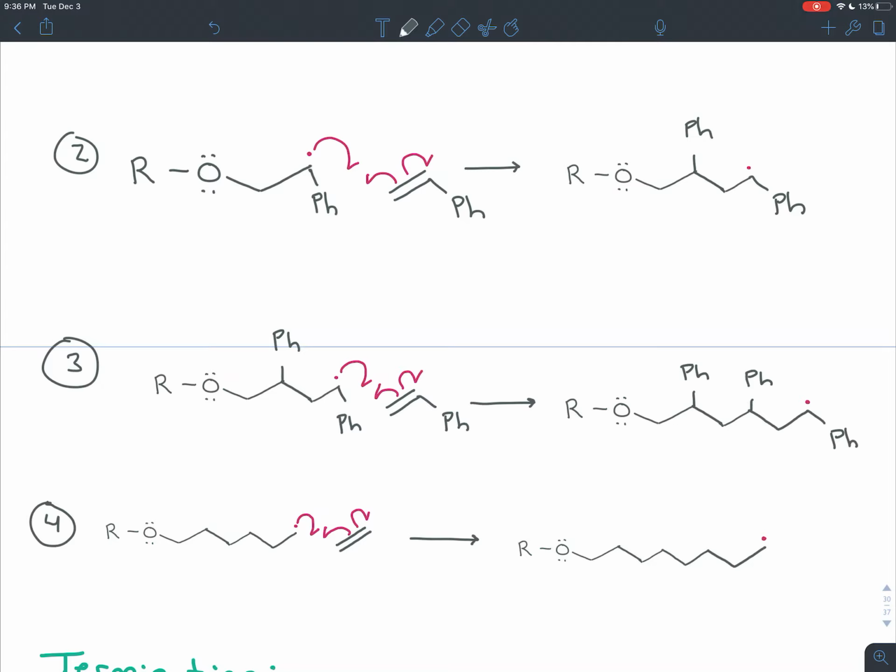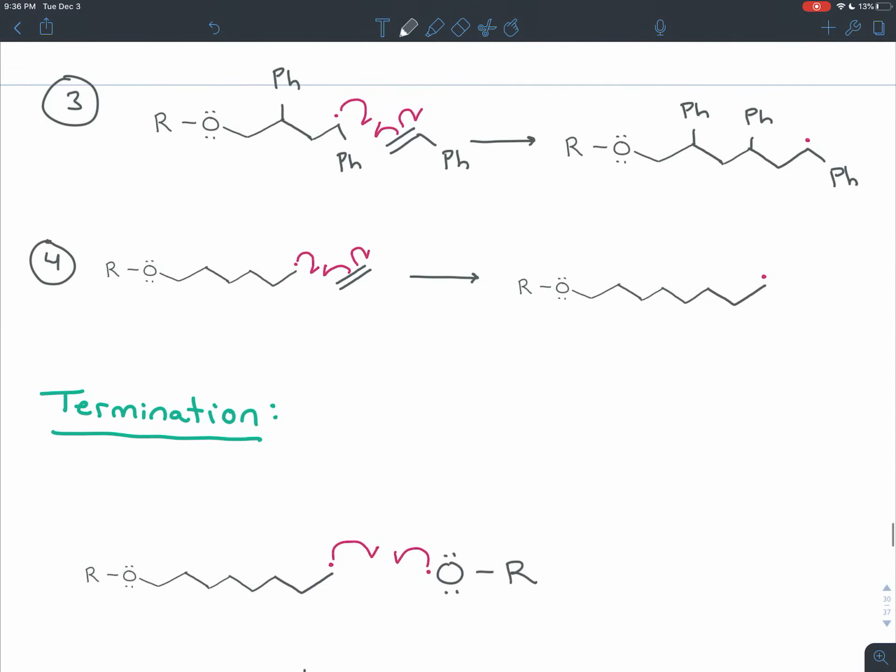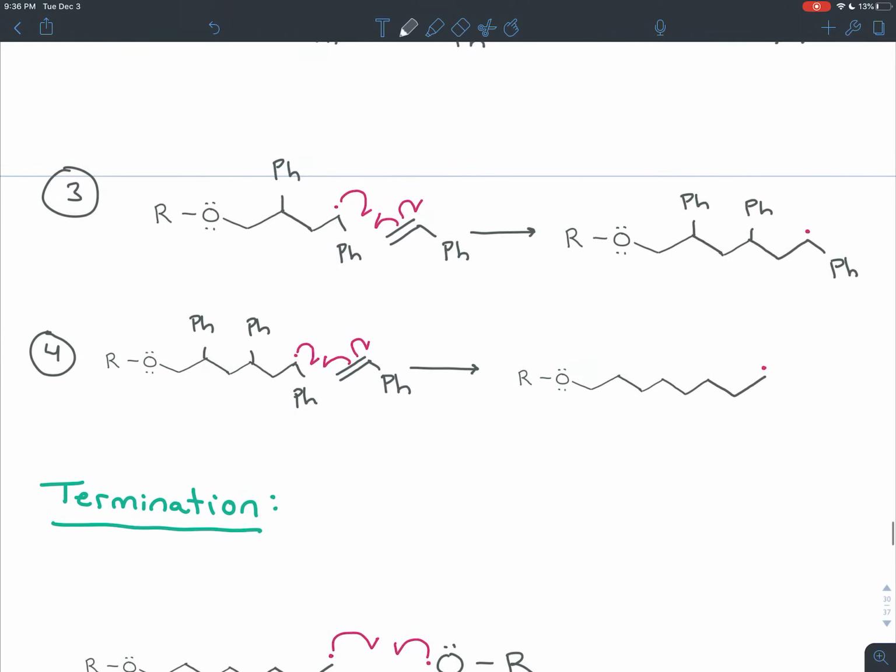So notice the phenyl rings are on alternating carbons. So phenyl ring, no phenyl ring, phenyl ring, no phenyl ring, phenyl ring, no phenyl ring. So we have this phenyl ring. Over here we have the phenyl ring, and on the second carbon here we have the phenyl ring. Notice in this step it's just a repetition of the ones before.